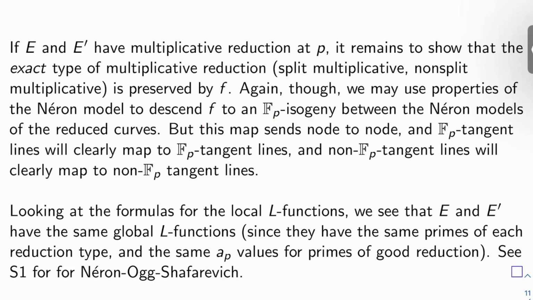But this map very clearly sends a node, if it exists, to a node. And then F_p tangent lines will clearly map to F_p tangent lines because it's an F_p isogeny, for goodness sake. Okay, and then for the same reason, non-F_p tangent lines will clearly map to non-F_p tangent lines. And so split and non-split multiplicative reduction types are preserved by Q isogeny if you have two elliptic curves over Q.